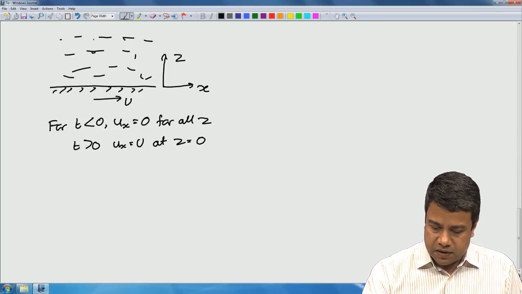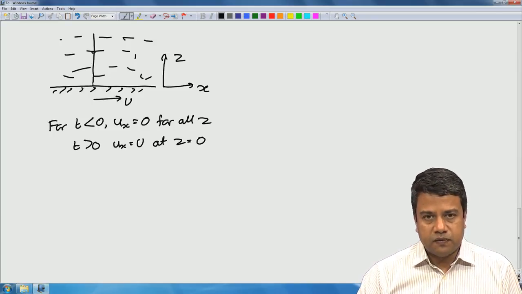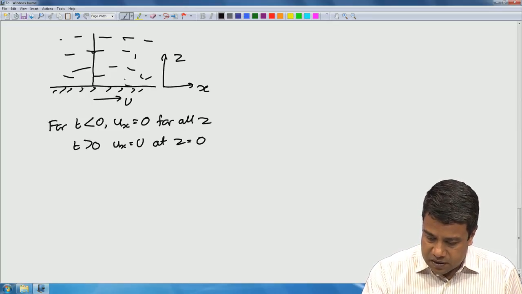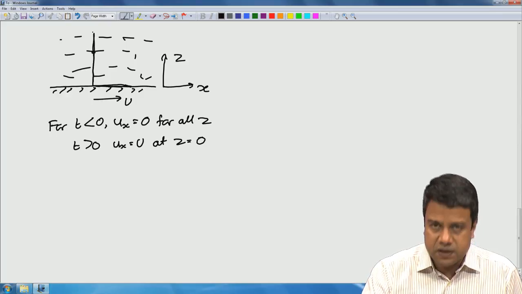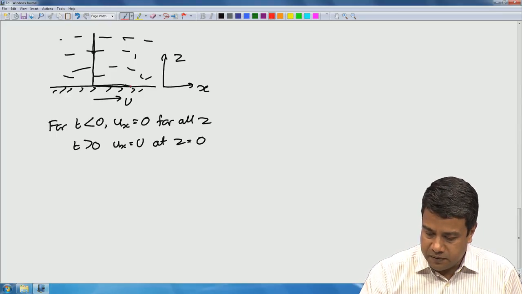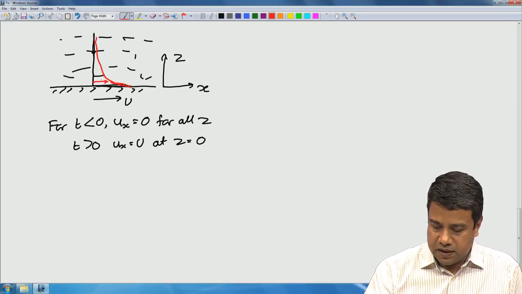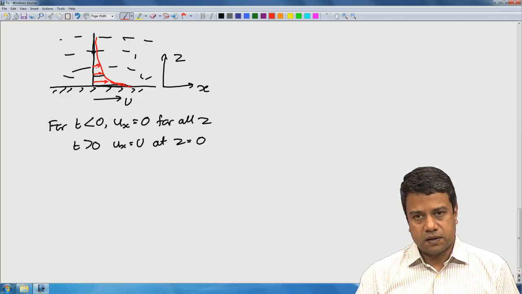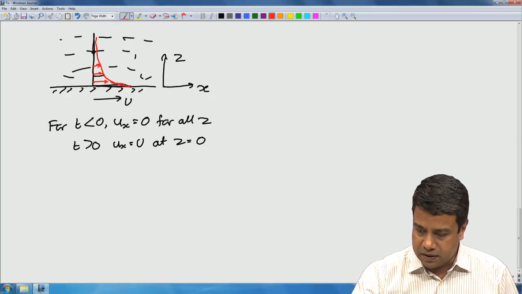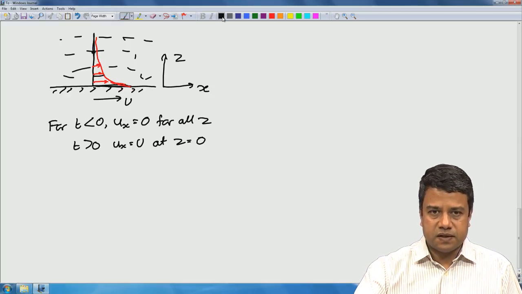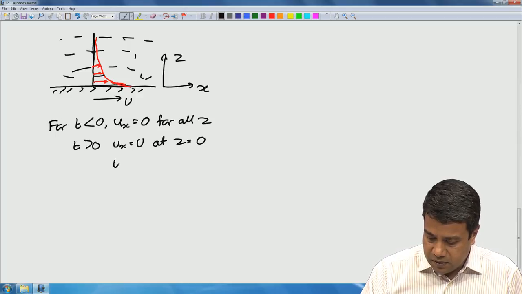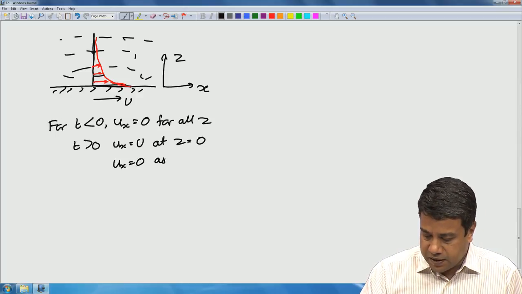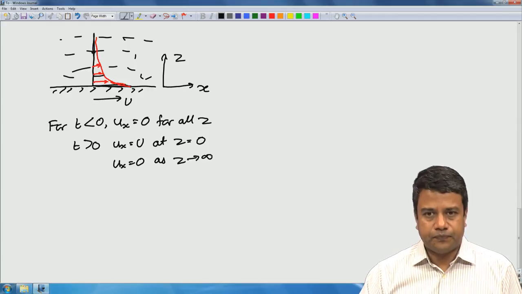Because of that, due to momentum diffusion, initially you will just have velocity u at the surface and velocity 0 everywhere else. Due to momentum diffusion, the fluid closest to the surface will start to move and you will get some kind of velocity profile. However, we consider this fluid to be of infinite height, and therefore, far from the surface the velocity is still equal to 0, which means that ux is equal to 0 as z goes to infinity.